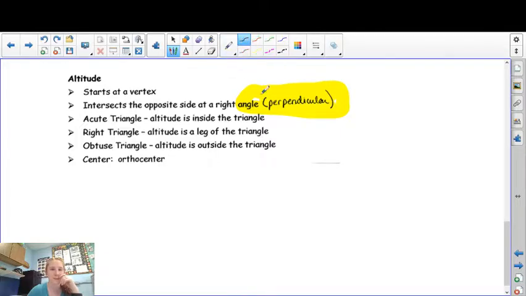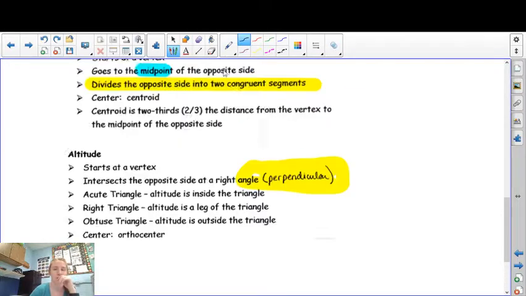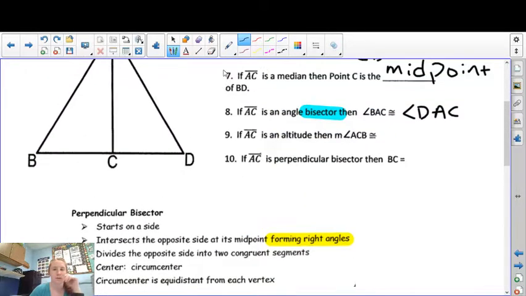Perpendicular means what? Right angle is good. So then if it's an altitude, then the measure of ACB is 90 degrees.